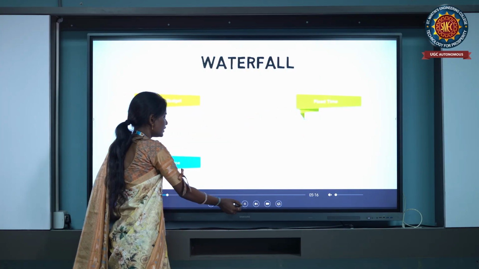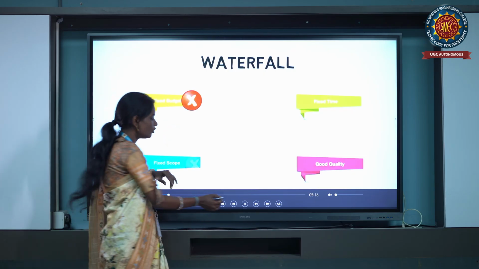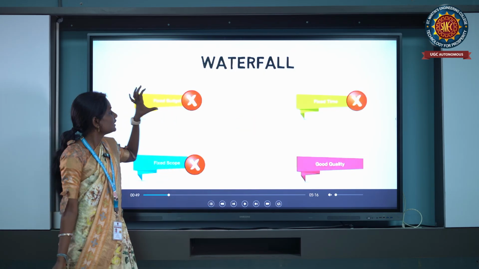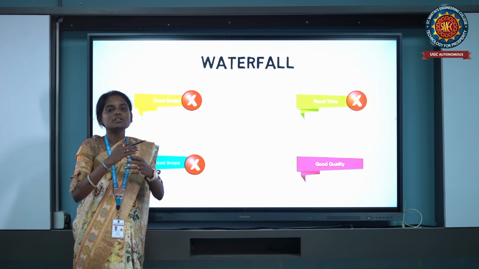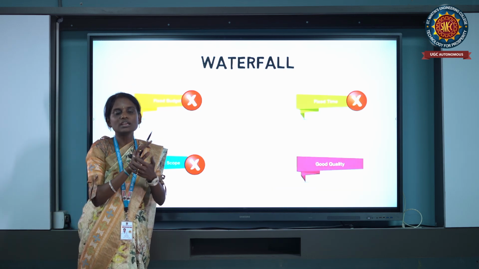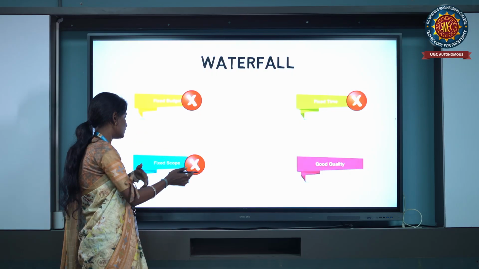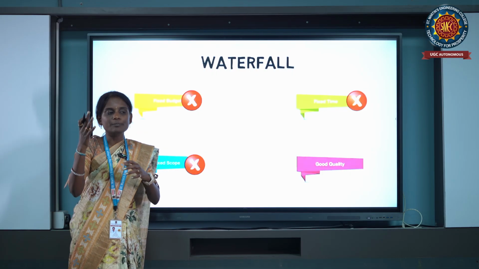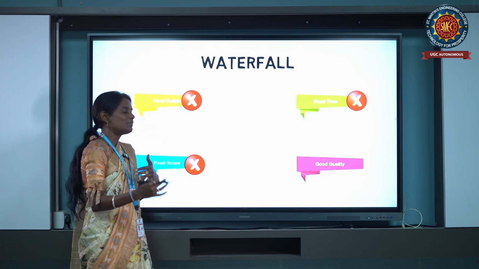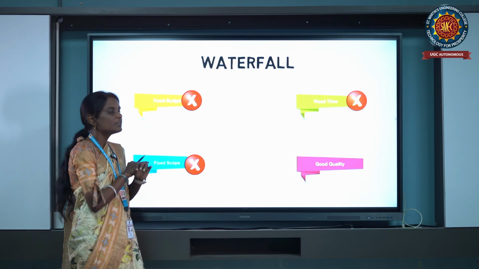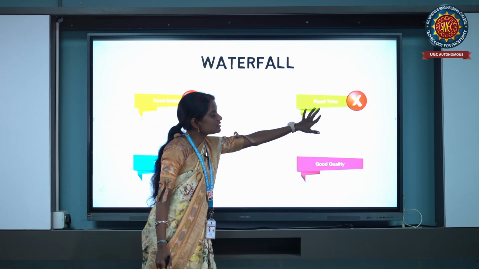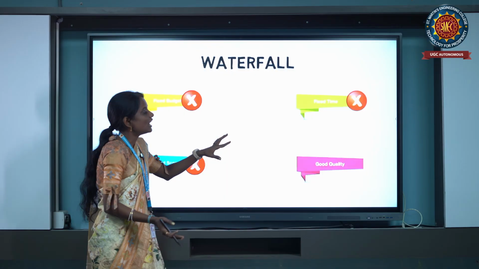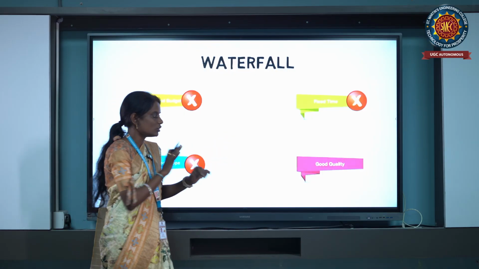For example, if we give only some amount of budget for developing this software project and the budget becomes more, then the customer can't give more budget. And for the fixed scope, if we want more scope compared to the planned scope, it can't be flexible. And next is fixed time. If we need more time to develop the product, we can't have flexible time in this waterfall model.